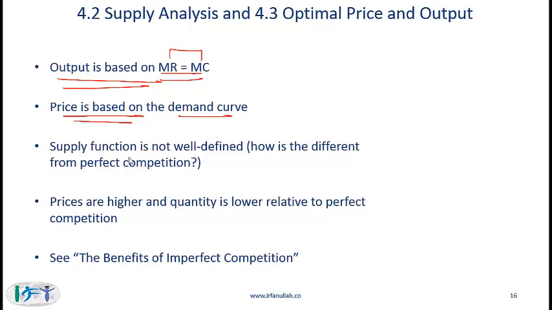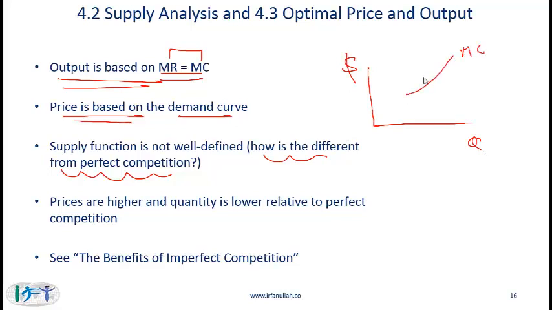To understand this point, let's refresh our memory in terms of what happened with perfect competition. If you recall, with perfect competition, the supply function was based on the marginal cost curve. So as long as the marginal cost was more than the average variable cost, in the short run, we said that a firm would produce.